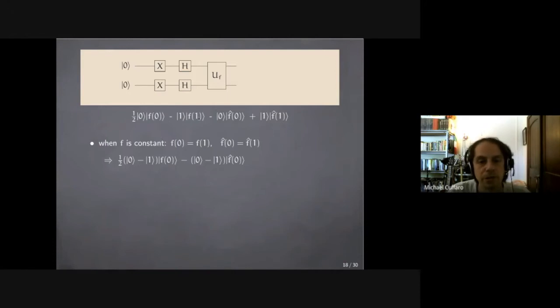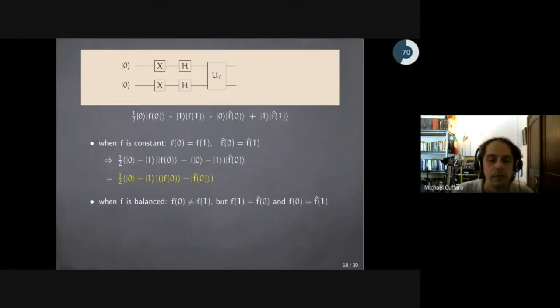Because these are the same now, we just have 0 minus 1 f of 0, and we just have 0 minus 1 f hat of 0. Now we can just manipulate that and put it in this form. So this is the state of the computer when f is constant. That's why I highlighted that, because that's extremely important.